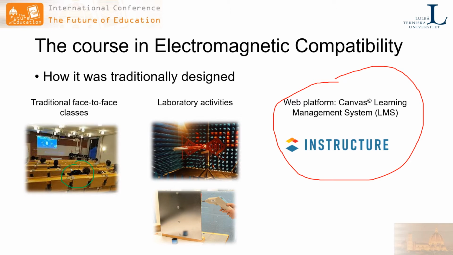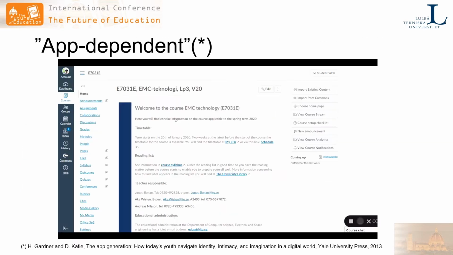Some students actually manage to sleep also when they are sitting in the straight position. So the thing is that traditional classes are based on passive learning, and we wondered how can we use the web platform in order to improve this experience for the students.